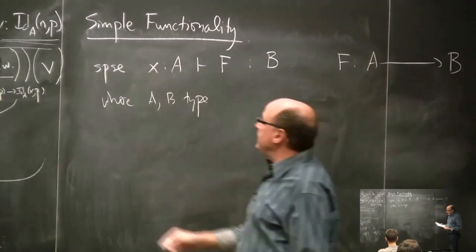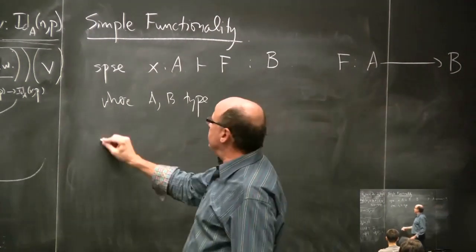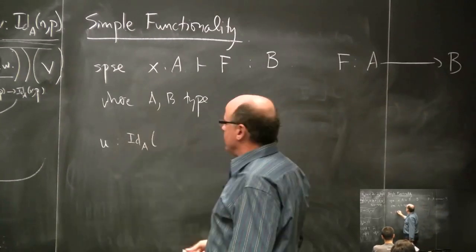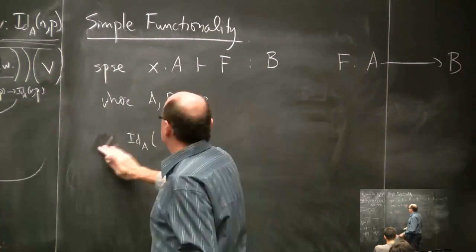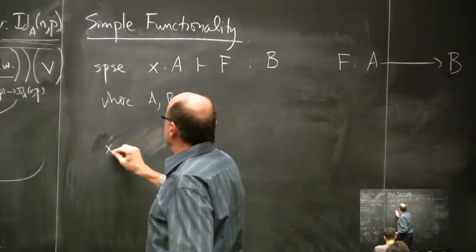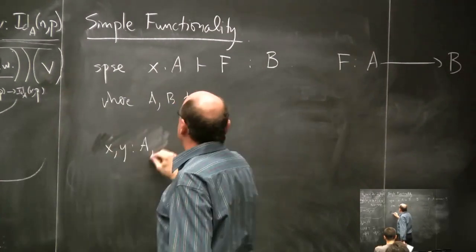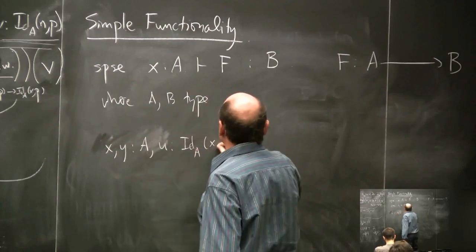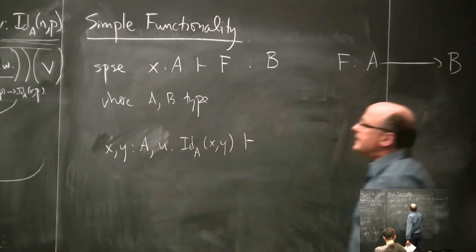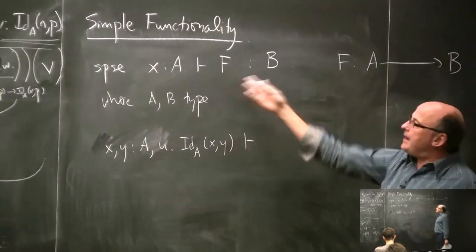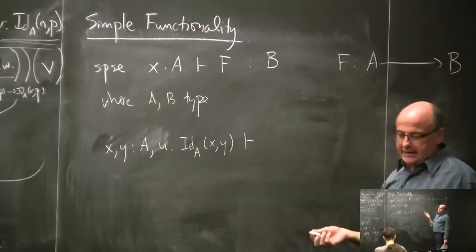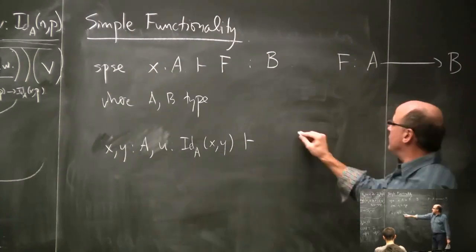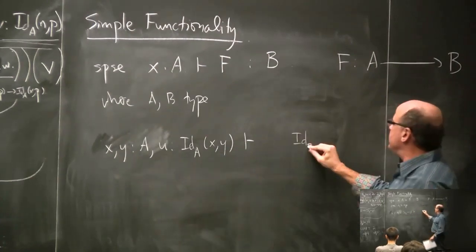And so I would like to have the following very elementary idea. Give me x, y in A, and u, let's say, which is a proof that x is equal to y. Then I expect this map to behave functionally. That is, it should send equal arguments to equal results. So what does that mean?